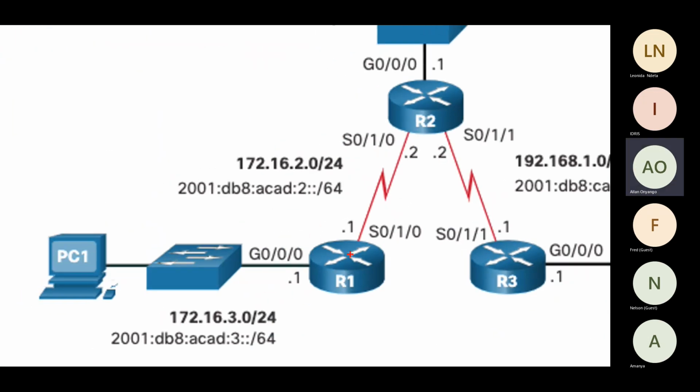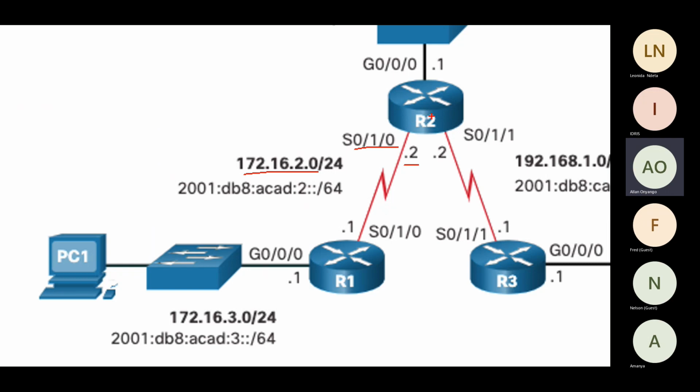So, like I said, R2 is called the next hop router, or the next hop, or the next router. And we look at the IP address of the entrance interface to R2, which is our next router on the way. Now that IP address, which for version 4 is 172.16.2.2, we call it the next hop IP address.